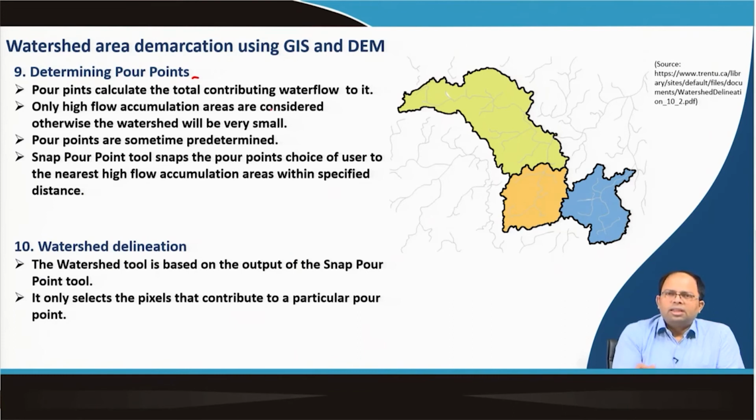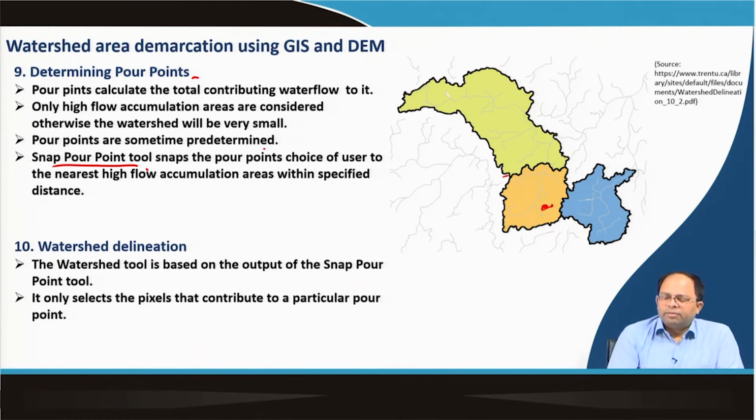from all the surrounding contributing catchments, and only high flow accumulation areas are considered, otherwise the watershed would be very small. Pour points are sometimes predetermined. The snap pour point tool snaps the pour point choice of the user to the nearest high flow accumulation area within a specified distance. So, if I give it somewhere and then use the snap pour point tool, it will match it with the actual pour point based on the flow accumulation that has been calculated, right?